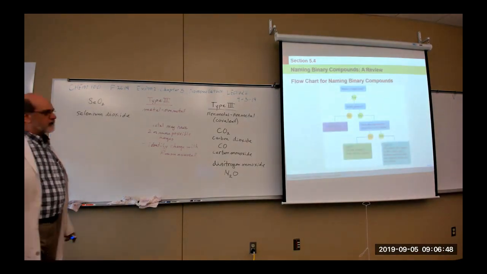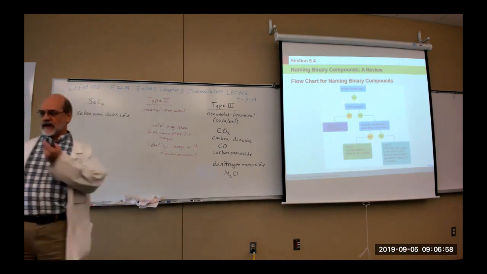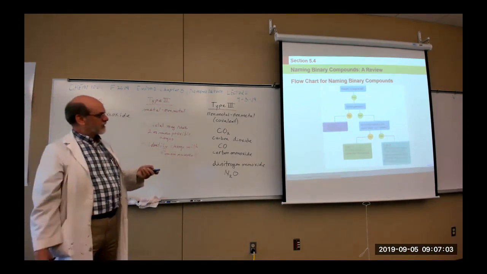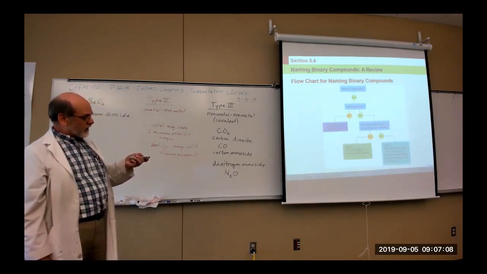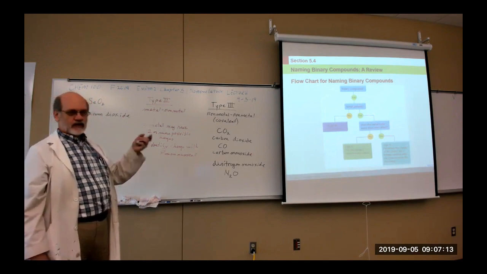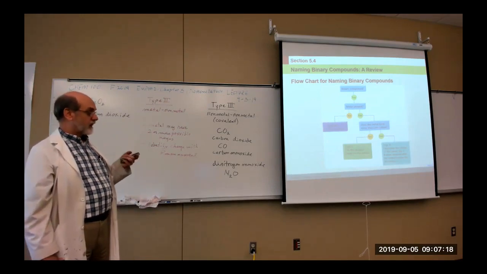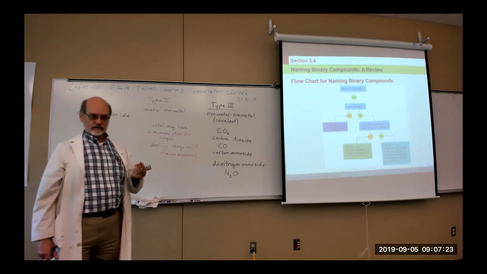Some people like flow charts. Start with a binary compound, that is, 2 components. Is there a metal? If there's a metal, it's either type 1 or type 2. It's a decision-making process. If they're both nonmetals, you go straight to type 3 and use prefixes. If there's a metal, ask yourself whether it has a fixed charge or a variable charge.